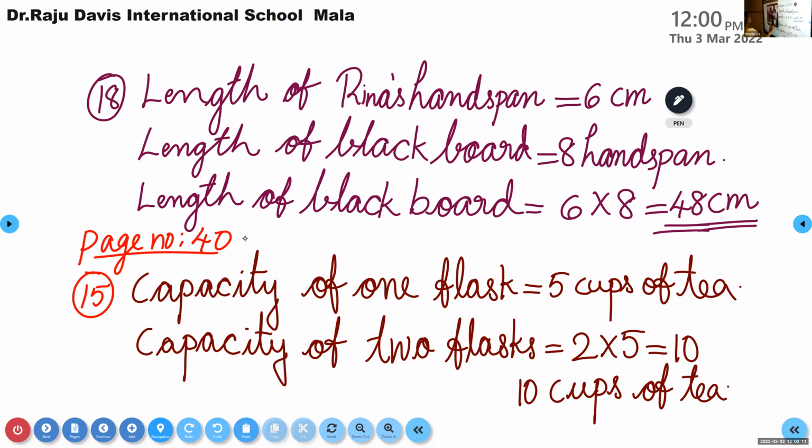Now Ansel. I already marked Ansel. Very good. Anybody else? Devananda also I have marked. Who is asking the page number again and again? Yes, Daksha. Very good. Thank you, ma'am. Anna, yes. Page number 40.